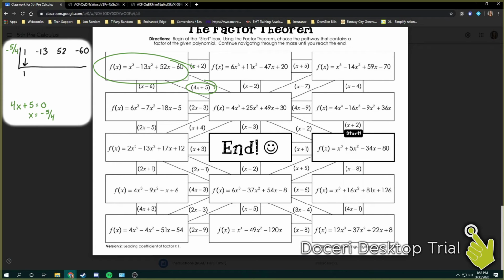Okay, so negative 5/4 times 1 is a negative 5/4. I don't want to. Hold on.